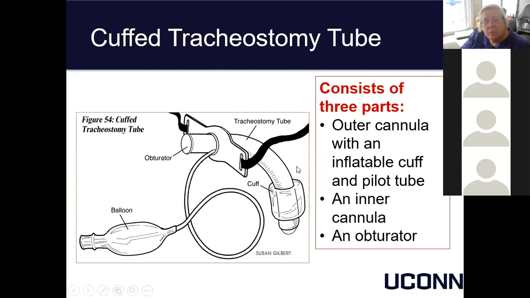And the trach comes with a couple of different parts. There's an inner cannula, which can get changed more frequently. There's an outer cannula, which can have the inflatable cuff. And there's an obturator, which is a hard, stiff probe for inserting the trach initially, helpful to keep it from bending.